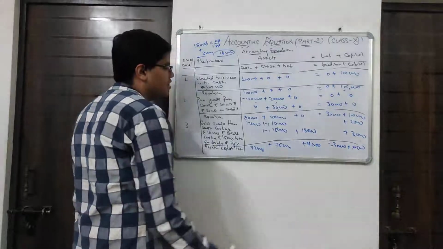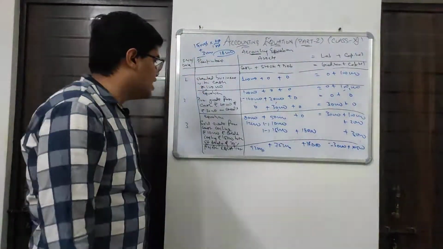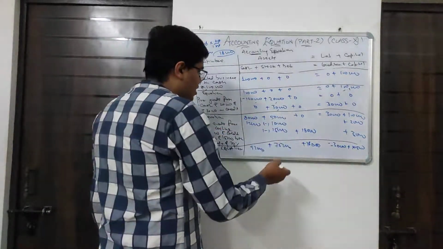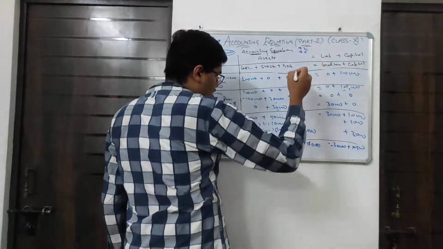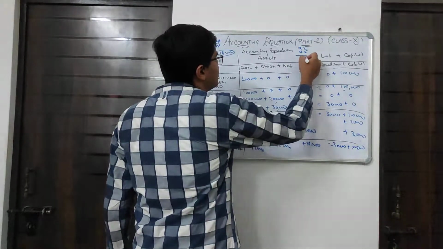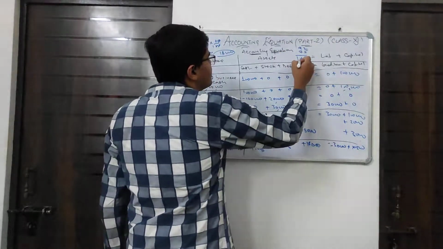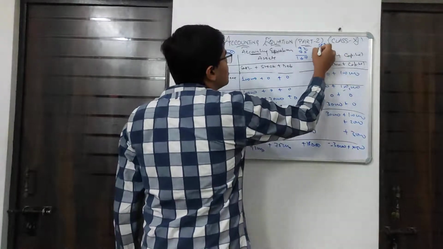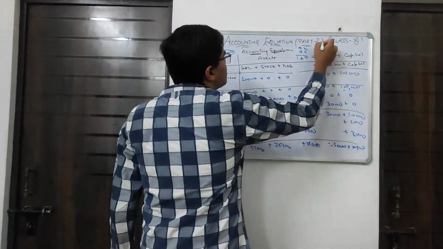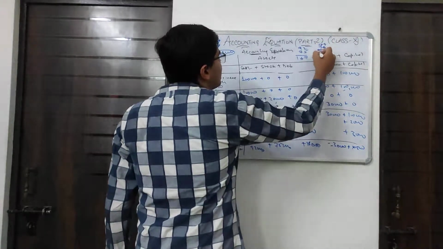Now let us see whether the equation gets balanced or not. 1,35,000, and here you can do the rough column, 92 plus 75, that is 167,000 and 18,000, 2,45,000.